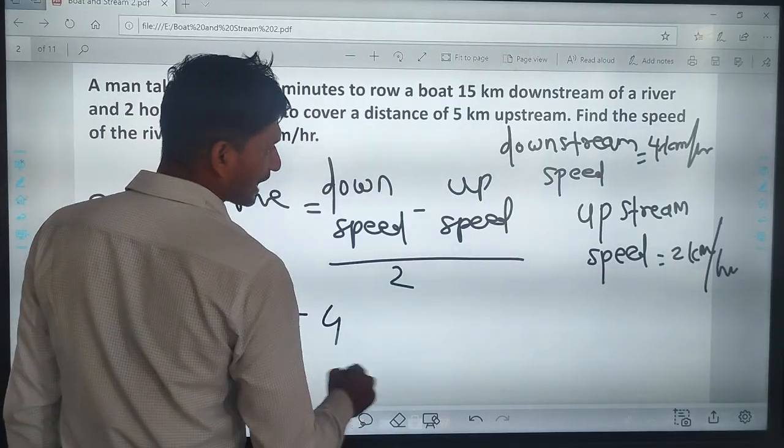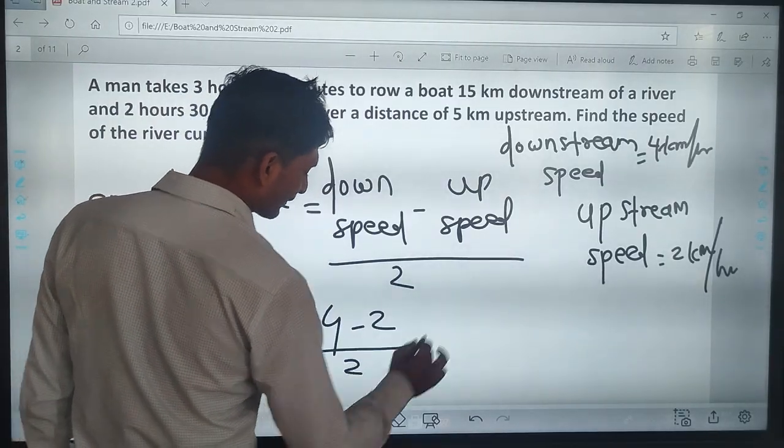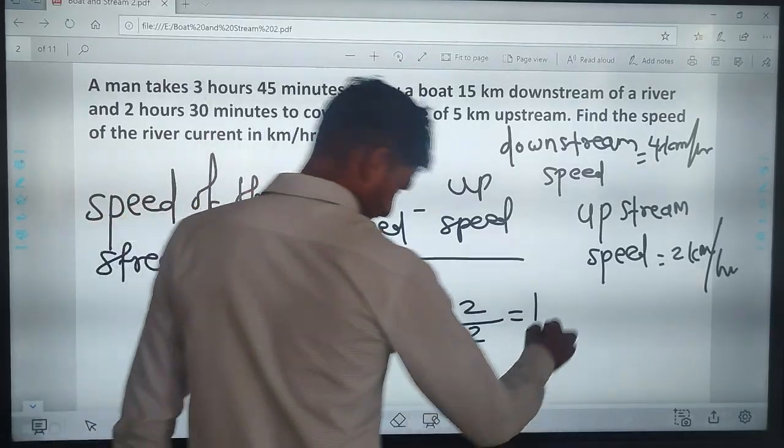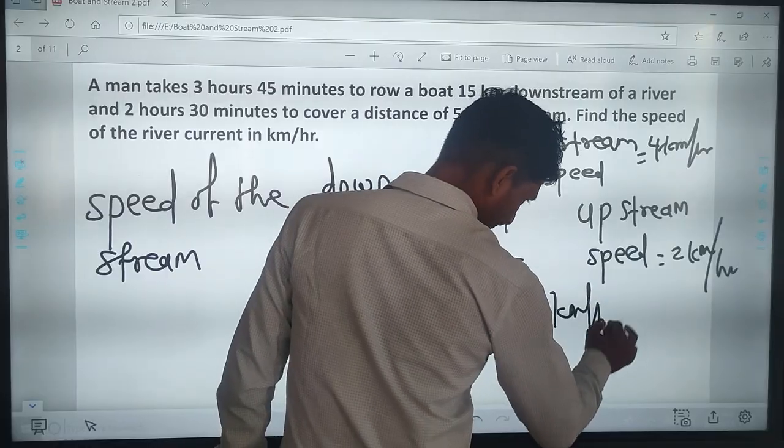Downstream speed is 4, upstream speed is 2, divided by 2. 4 minus 2 is 2, divided by 2 is equal to 1 kilometer per hour.